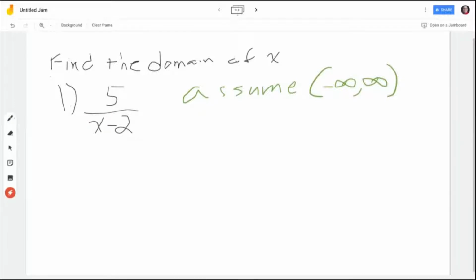So we need to take this whole denominator, the x minus 2, and see whether there are any values for x that will make that equal to 0. Since we want to eliminate those values, I set x minus 2 not equal to 0.